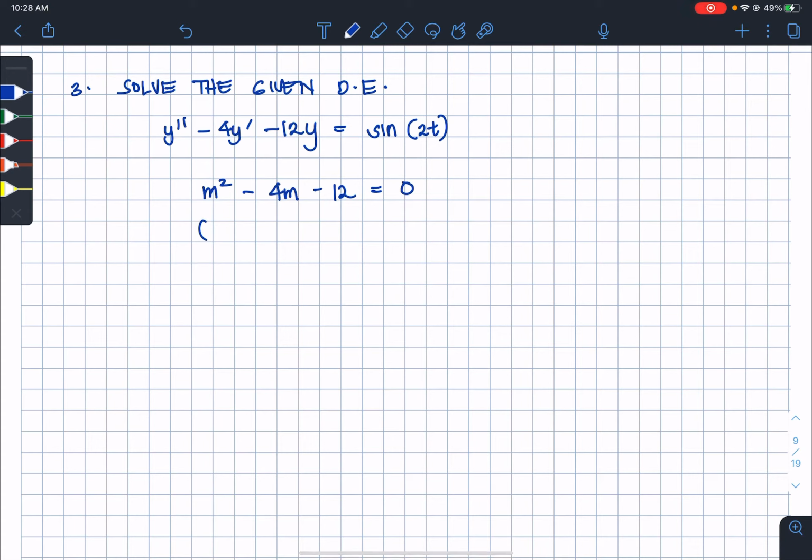I guess so. This is m and m, a 6 and a 2. So a negative 6 and a positive 2. Negative 6m plus 2m is negative 4m, and negative 6 times positive 2 is negative 12. Therefore, our m1 is positive 6 and m sub 2 is negative 2.